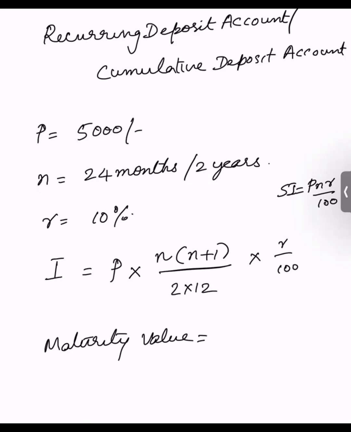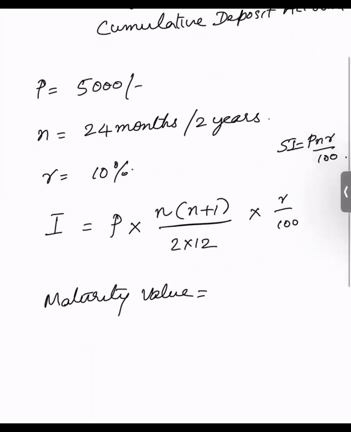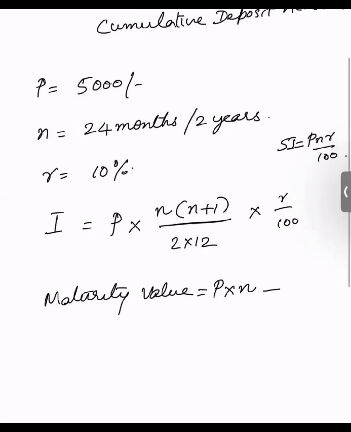So maturity value should be what you have invested plus interest, right? What was your investment? That is principal into N. P is how much you pay each month. In my example, 5,000 rupees is what I am going to invest each month. And N is the number of months. So first I have to do P into N, because that much amount I have already invested.